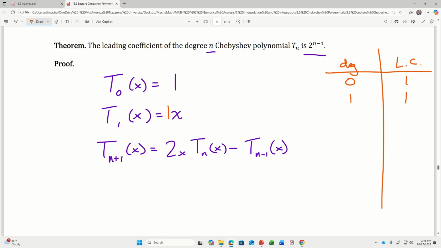So now the leading coefficient gets doubled, and the leading coefficient is 2. And whenever I increase the degree again, the leading coefficient gets doubled, so it should be 4. And then it doubles every time according to this recurrence relation. And so when you get to degree n, the leading coefficient is going to be 2 raised to the power n minus 1. Because if n is equal to 4, it's not 2 to the power 4, it's just 2 to the power 3, right? It's always 1 less than the degree.